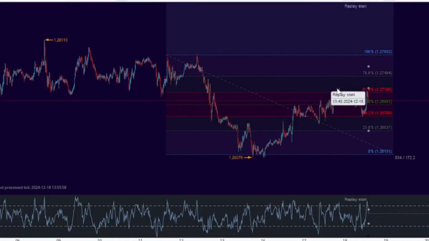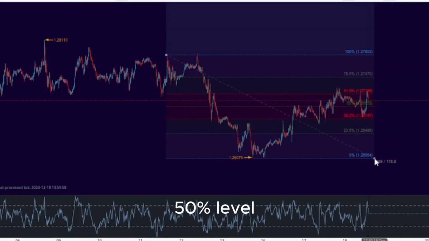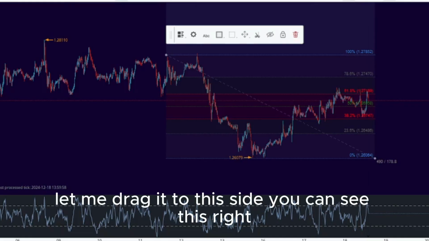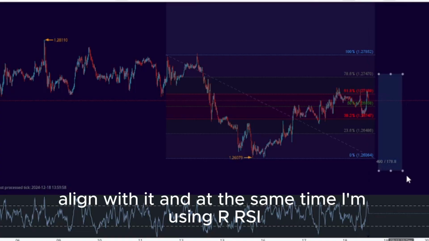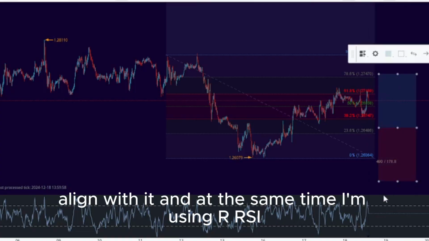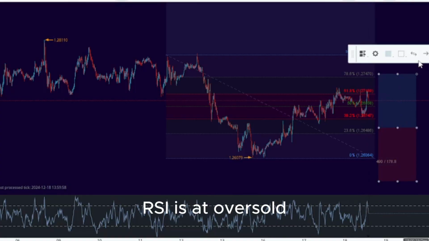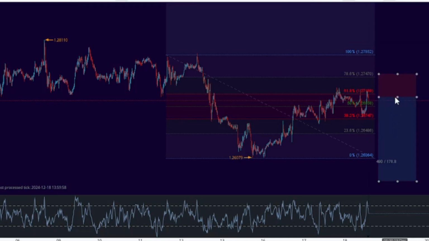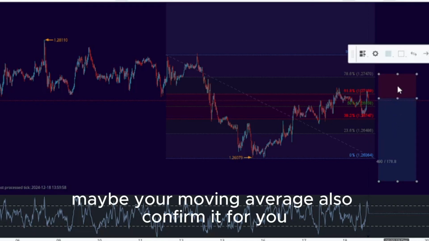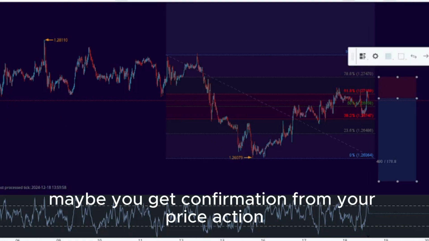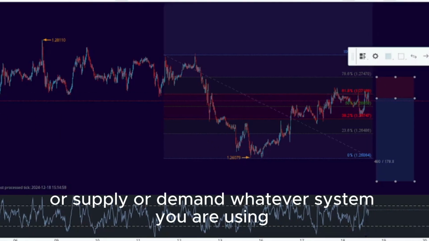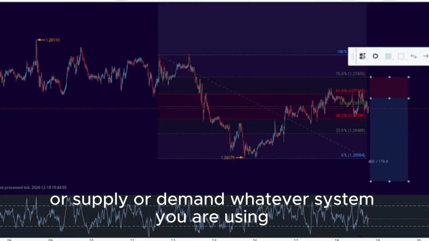I'm looking at a Fibonacci level here, and it's aligned with my 50% level. Let me drag it to this side. You can see this, right? And at the same time I'm using RSI, and RSI is at oversold. We are getting how many confirmations already. Not just that, maybe your moving average also confirms it for you. Not just that, maybe you get confirmation from your price action or supply and demand, whatever system you are using.